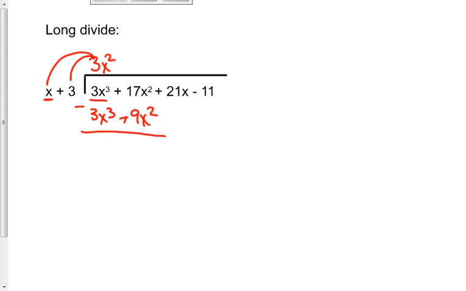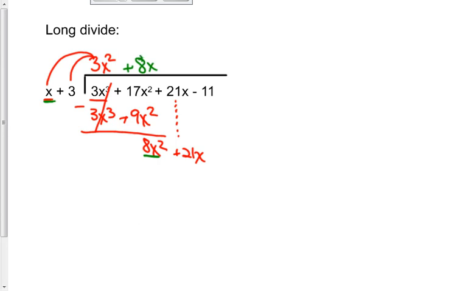And I subtract. 3x to the third minus 3x to the third is gone. 17x squared minus 9x squared is 8x squared. And I'll drop down my next term, positive 21x. I'll use a new color. Start fresh. X times what gives you 8x to the second, positive 8x.